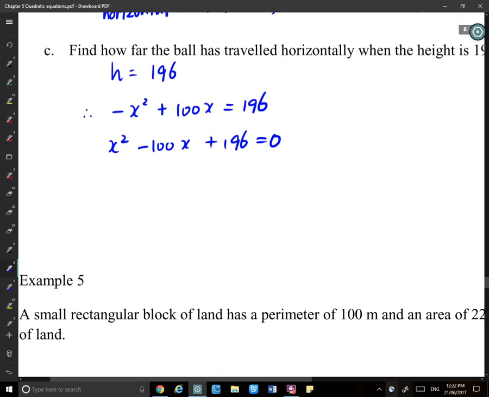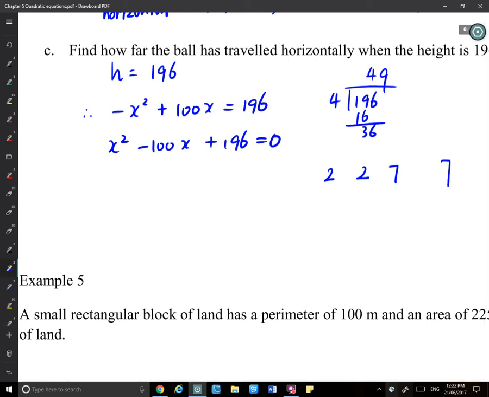Let's have a think about the factors of 196. If I divide this by 4, we have 49. So I have factors 4, 7, and 7. So 4 can become 2 and 2. You want to use those numbers to make 100.